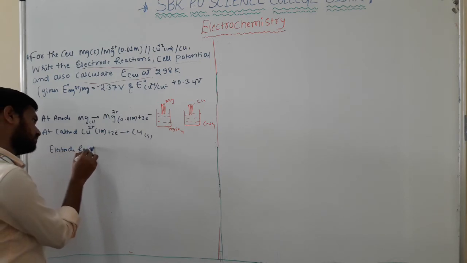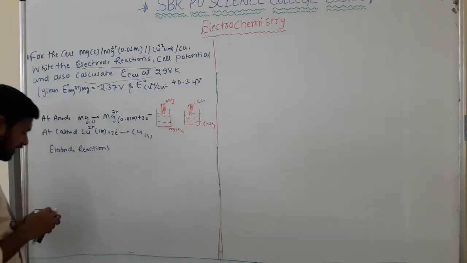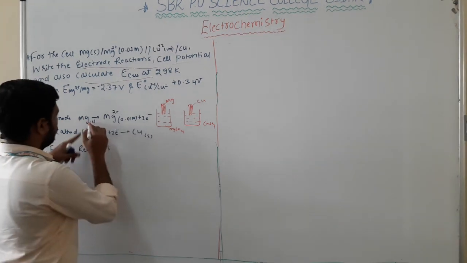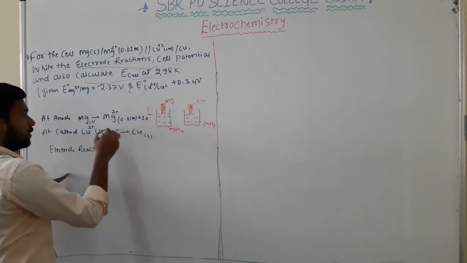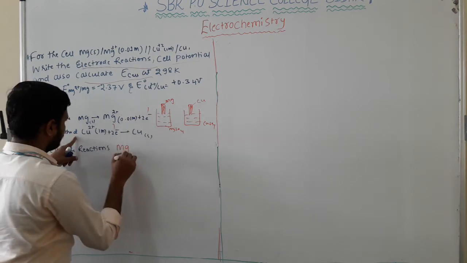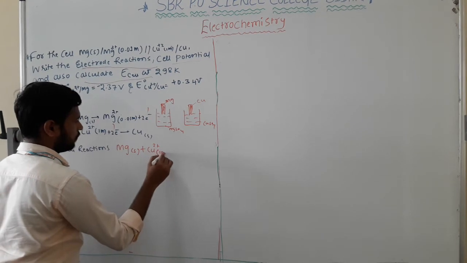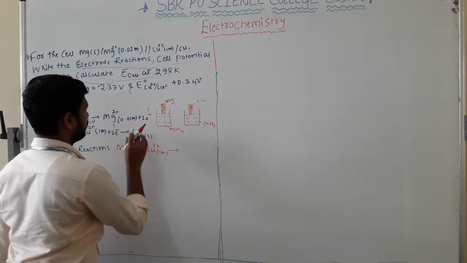For the electrode reactions, cancel the 2 electrons and write magnesium plus Cu2+ (1 molar) gives rise to Mg2+ (0.01 molar) plus Cu. Left hand side species go on the left, right hand side species on the right.